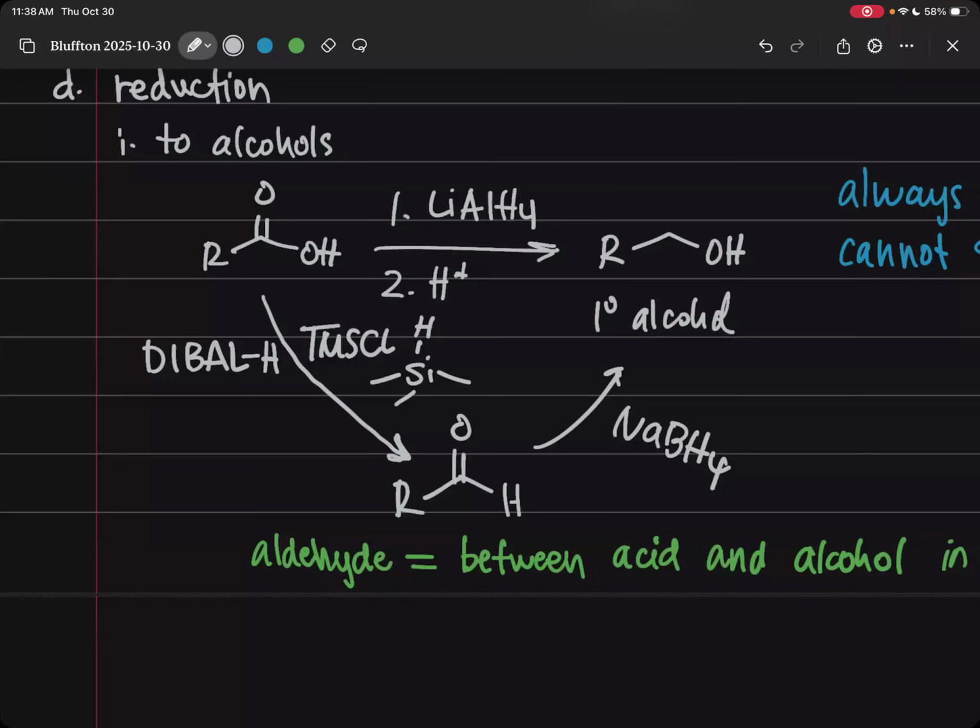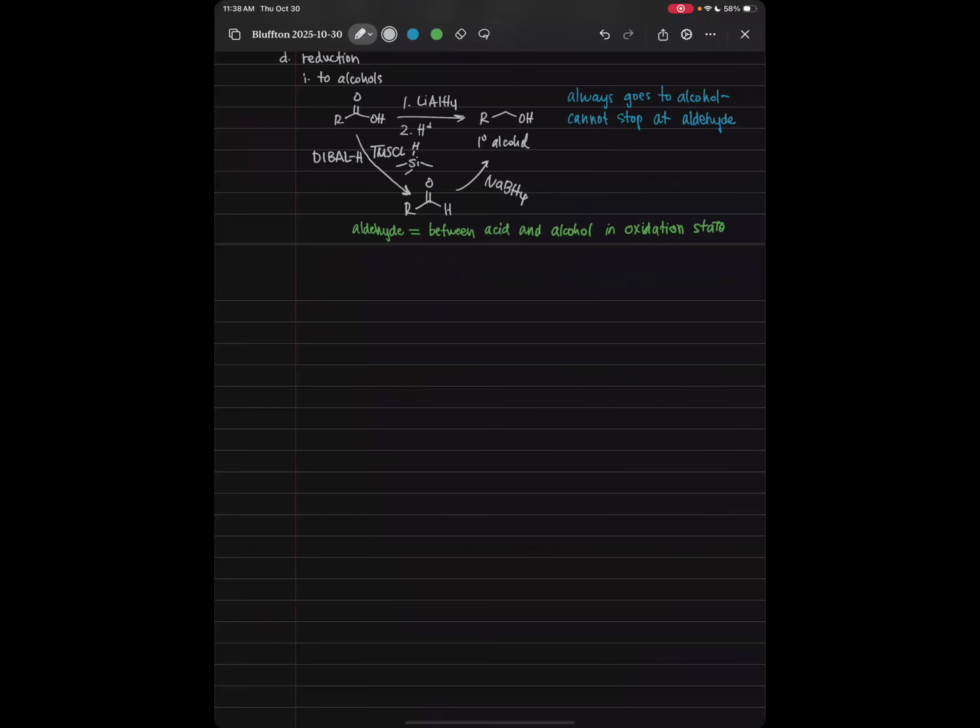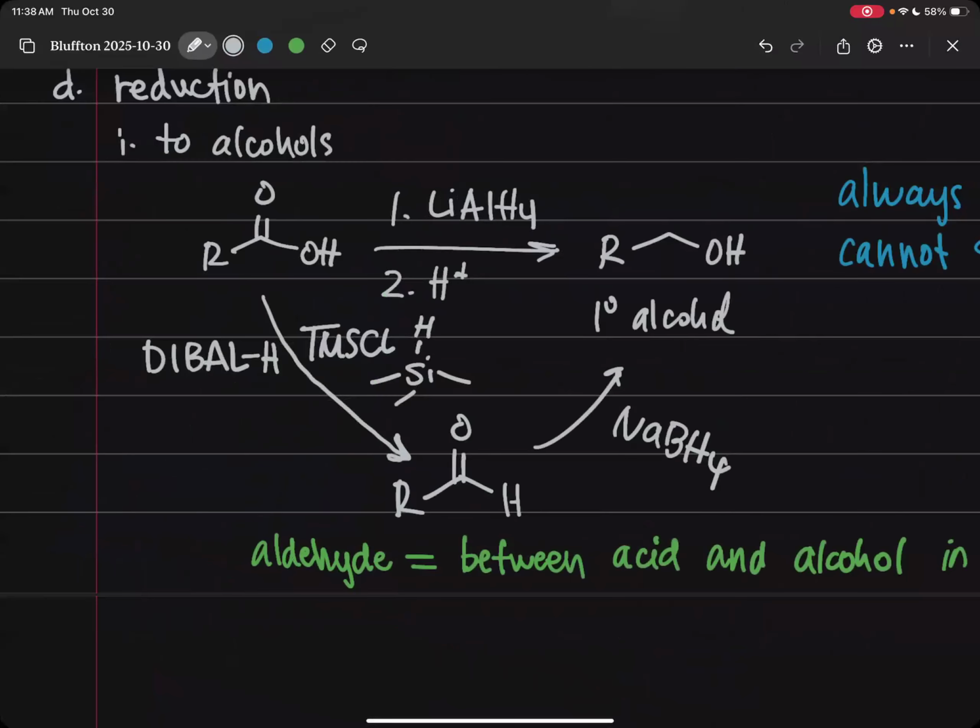It means diisobutyl aluminum hydride. So it's got aluminum hydride, and then it's got 2 isobutyl groups on it.